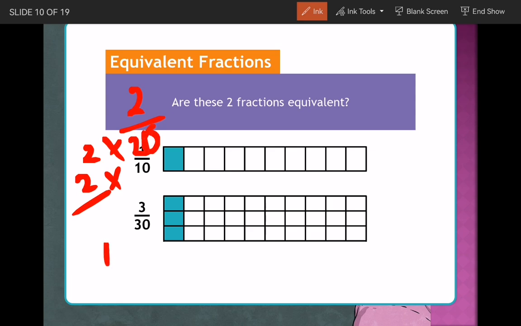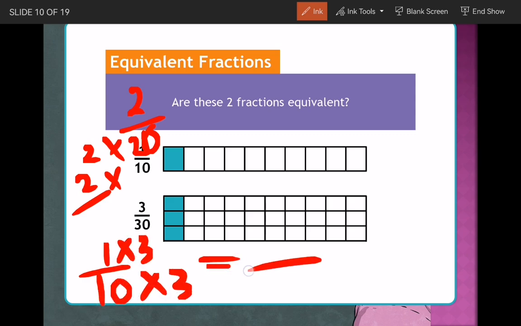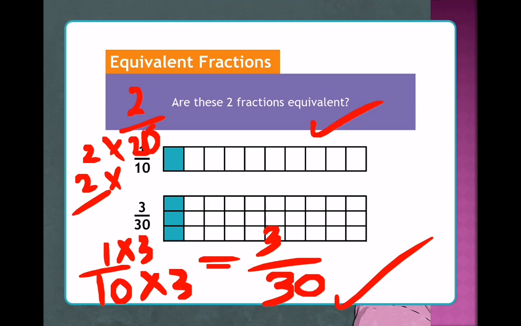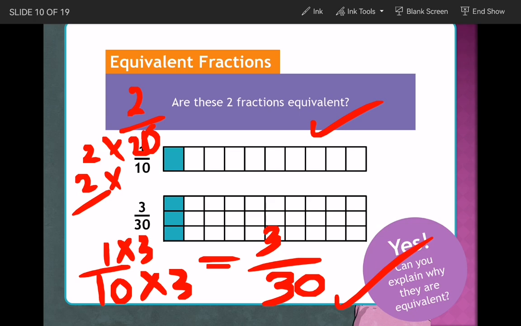Let's check if we multiply it by 3. Times 3 up, times 3 down. 1 times 3 will be 3/30. So yes, this is correct. They are equivalent. So we can tell that they are equivalent by using multiplication to check whether they are equivalent or not.